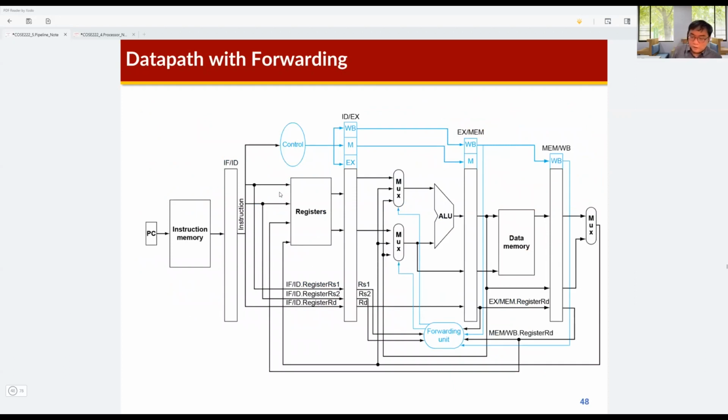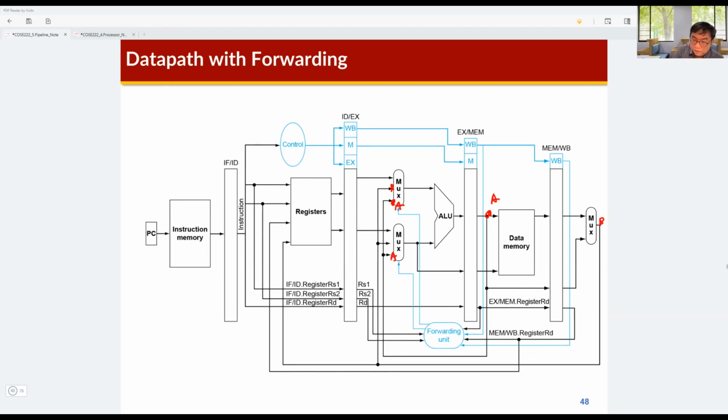So this slide shows the pipeline processor architecture which has a data forwarding unit. You can find the data forwarding path from here to here, and then data forwarding from here to here.